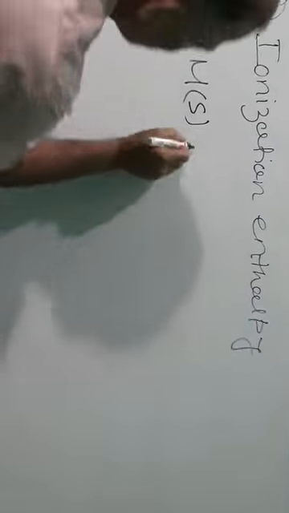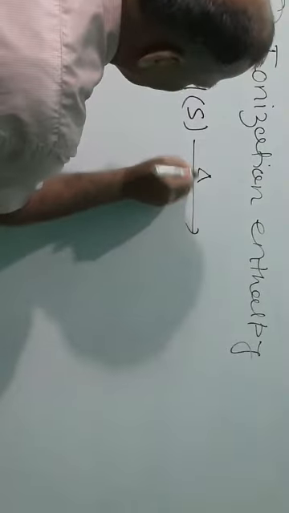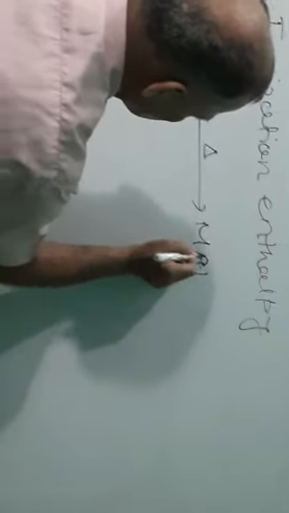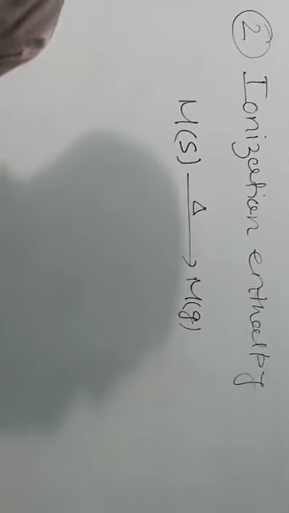So suppose we have metal M, which is in the solid state. First of all, by giving heat energy, the solid metal has to be converted into gaseous metal. And the energy used is called enthalpy of sublimation.